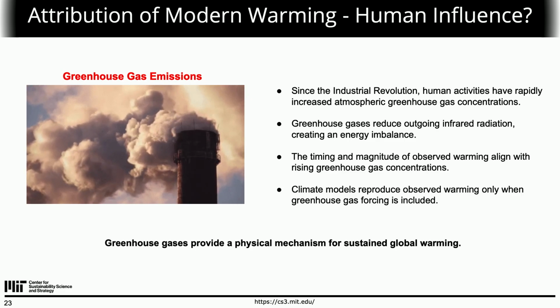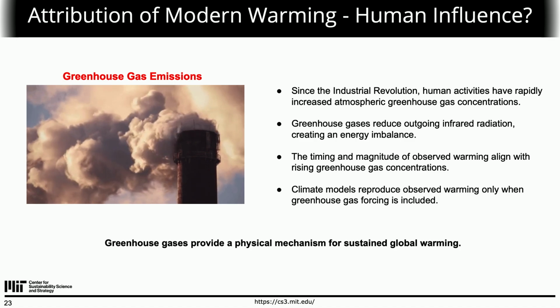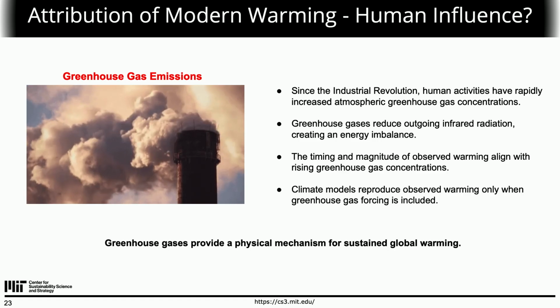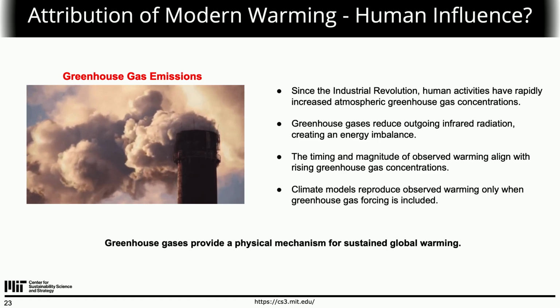The timing and the magnitude of the observed warming align very well with the rising greenhouse gas concentrations. And when we try to simulate how the Earth's climate has been throughout the years, unless we add in the greenhouse gas forcing, we do not observe how the climate has warmed over the past hundreds of years. So greenhouse gas provides a physical mechanism for sustained global warming.